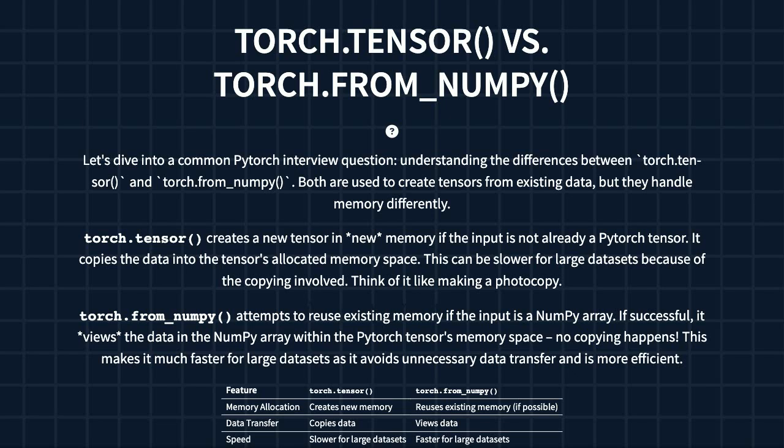However, if you're starting with a NumPy array, torch.from_numpy is much smarter. It tries to reuse the existing memory that's already allocated for the NumPy array. It just views the data in the tensor. That means no copying happens at all and is super fast. So, when dealing with large datasets, always prefer torch.from_numpy if you can.